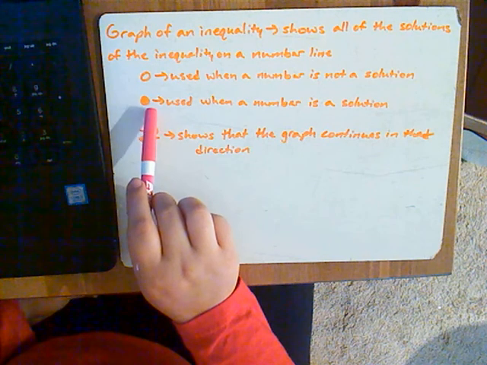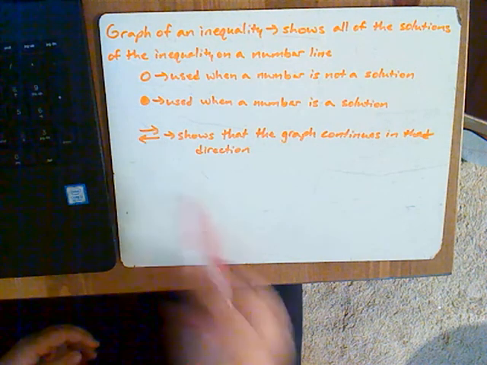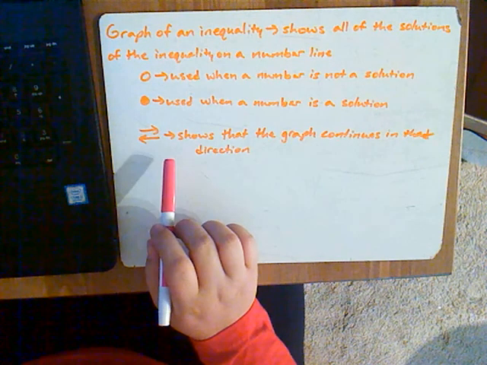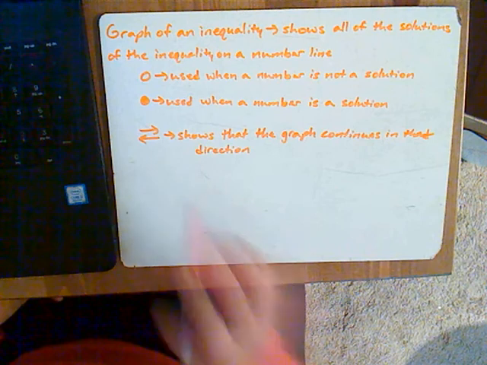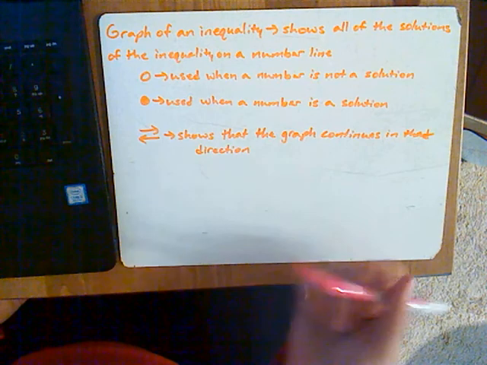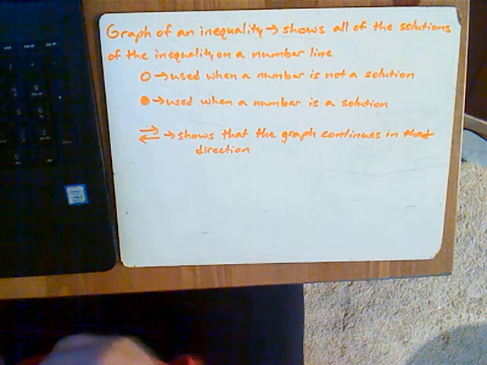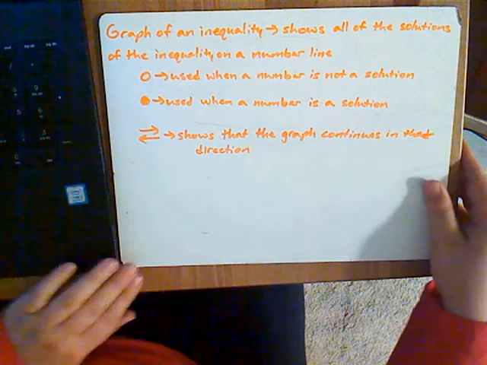A closed circle is used when a number is a solution. And then arrows pointing to the left and right show that the graph continues in that direction, either left or right. So those are symbols that you're going to see when you're graphing inequalities. And so we're going to look at a graphing an inequality example.